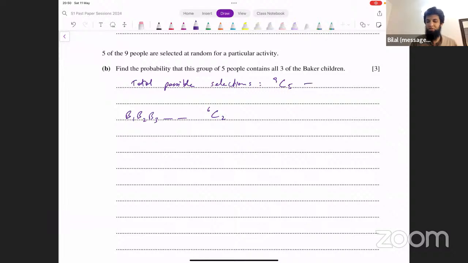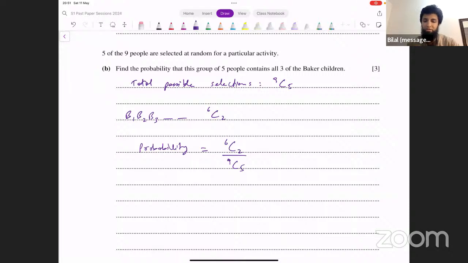You can just find these 2 numbers, 9C5 and 6C2, and you just divide them. Let's do that directly. Probability is going to be 6C2 divided by 9C5. Right? The number of favorable outcomes, that's going to come from 6C2 divided by the total number of possible outcomes.